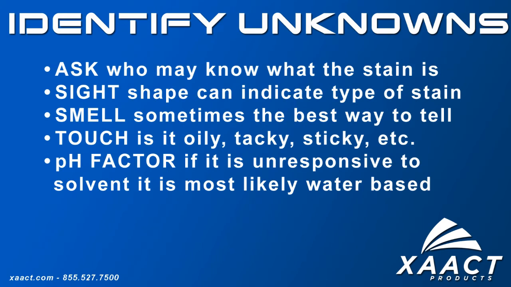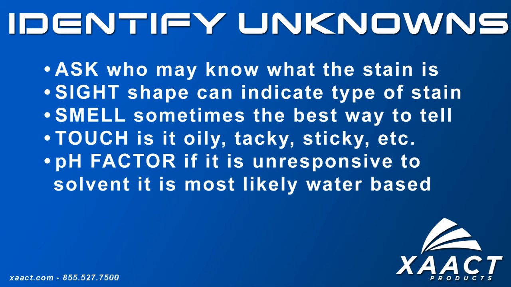There are a few simple ways you can identify unknown spots. The first and easiest way is to ask someone that you're working for or somebody that works in the facility what the stain might be. Next, use your sight. The shape of the stain can possibly indicate the type of stain it is.